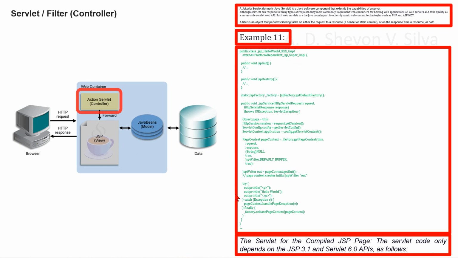The servlet code only depends on the JSP 3.1 and servlet 6.0 API as follows. Page context, create initial JSP writer out.